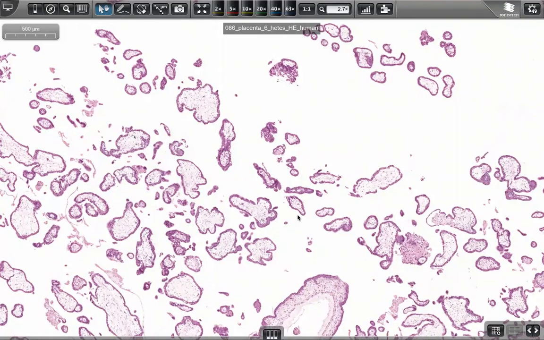And the gas exchange occurs by diffusion through the villi wall. When we're talking about villi, we can distinguish 3 types of chorionic villi: the primary, secondary, and tertiary villi. Primary villi are built up by trophoblast cells only.